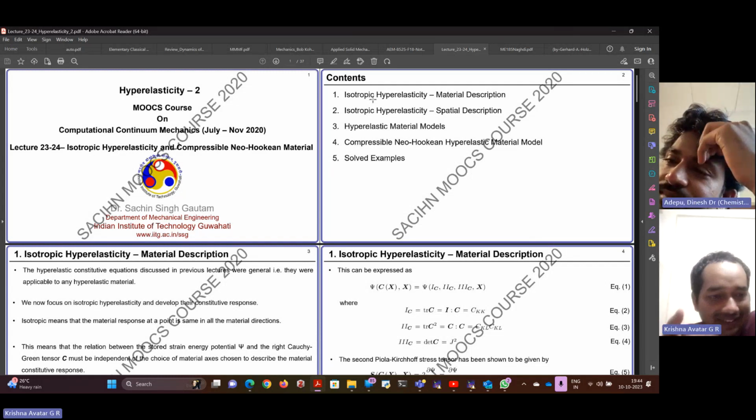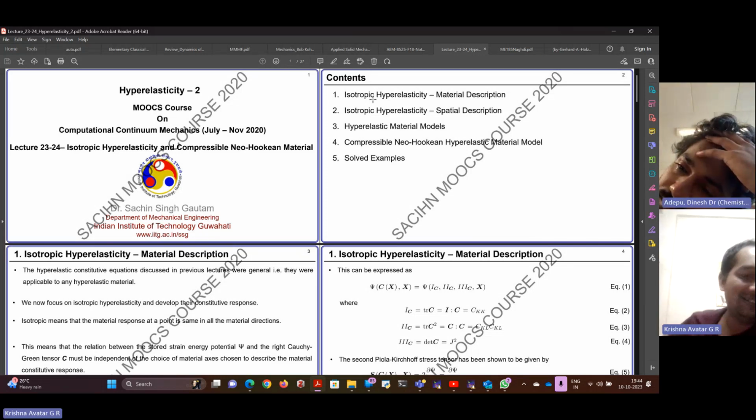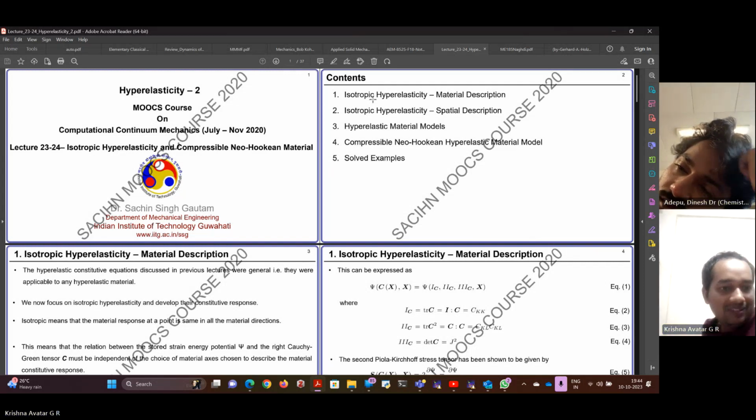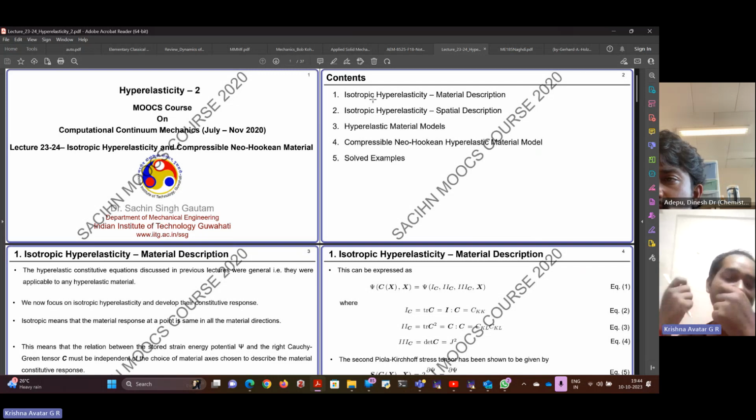Just like when we find the principal values of a Cauchy stress matrix, the sum always remains the same. Sigma 1 plus sigma 2 plus sigma 3 is always constant, no matter how you deform it.